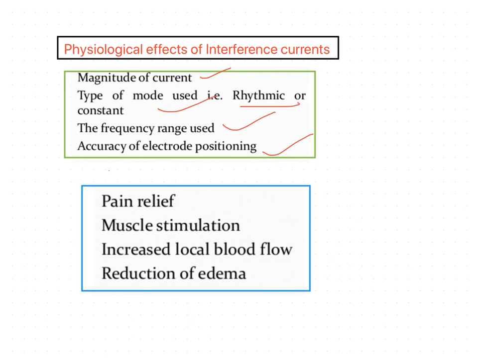So what are the physiological effects? One is pain relief. Pain may be relieved very effectively using interferential therapy, and a number of the mechanisms we discussed earlier in TENS are used for pain relief.